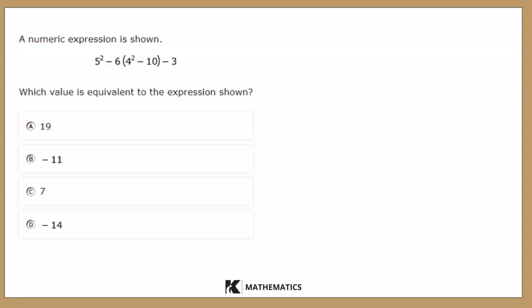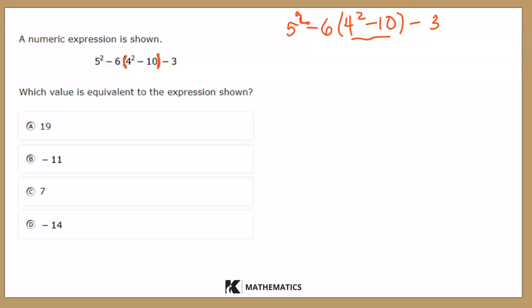This problem says a numeric expression is shown: 5 squared minus 6 times the difference of 4 squared minus 10, minus 3. We need to think about the order of operations, and I'm going to think about those grouping symbols first. Starting with our parentheses, I see that I have an exponent and I have subtraction.